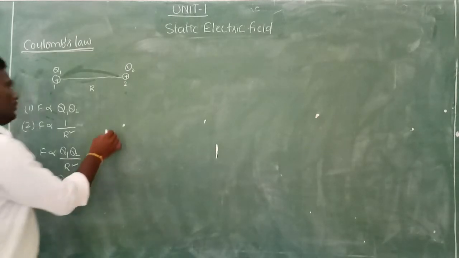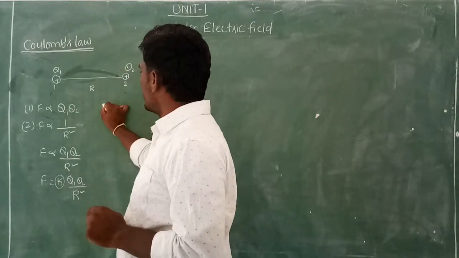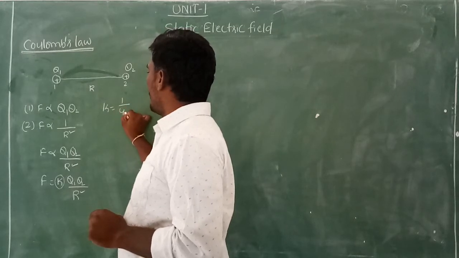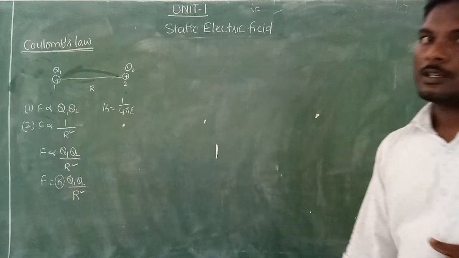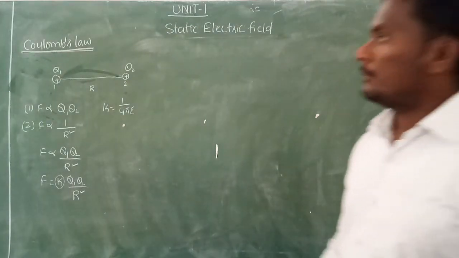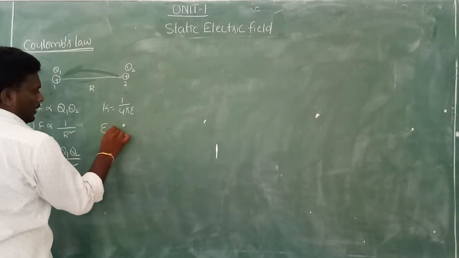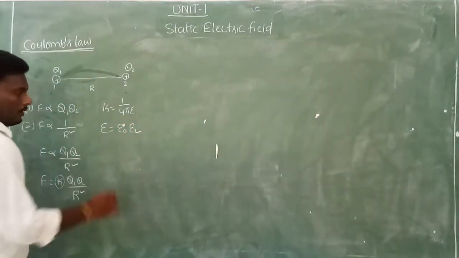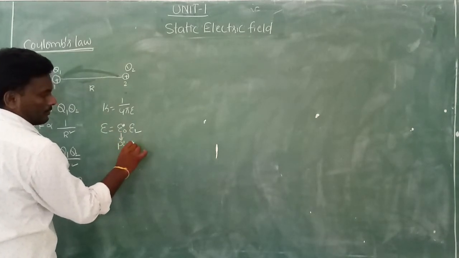The value of k is 1 by 4 pi epsilon, where epsilon is the absolute permittivity, which is also equal to epsilon naught into epsilon r, where epsilon naught is the permittivity of free space.